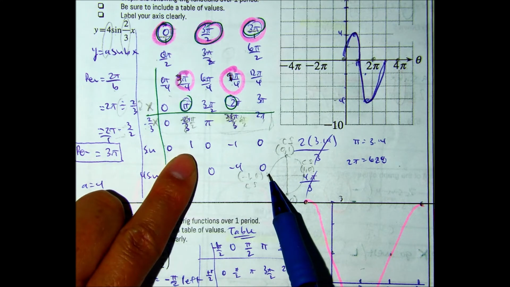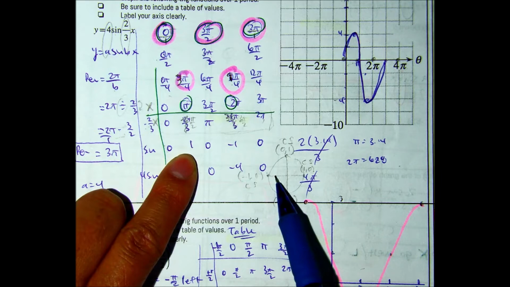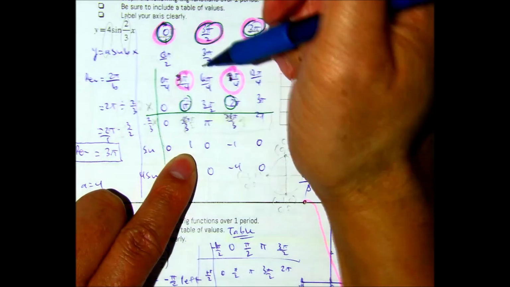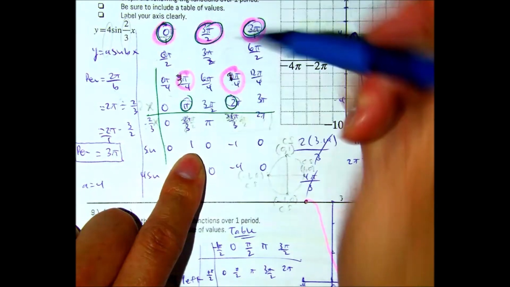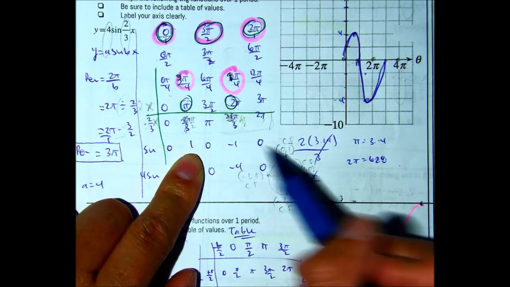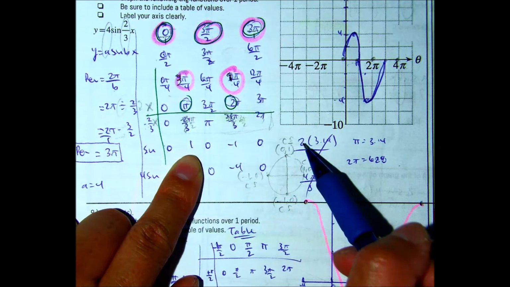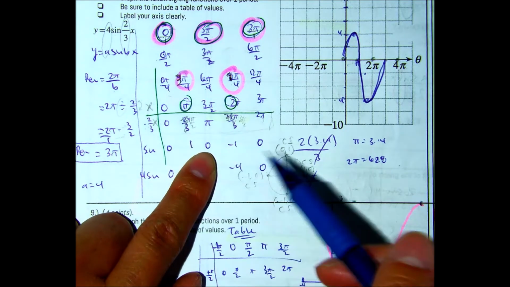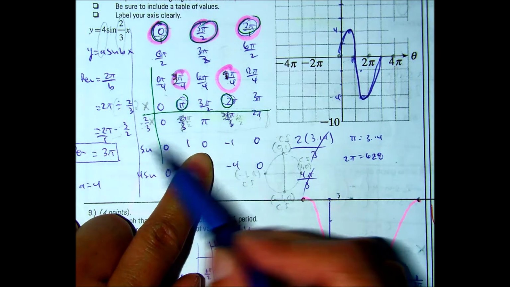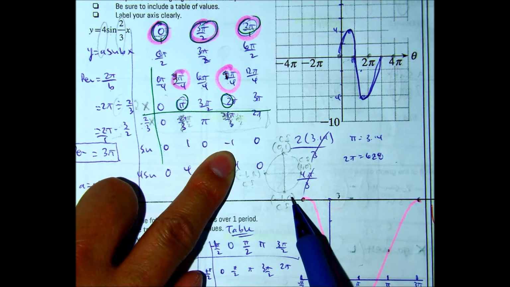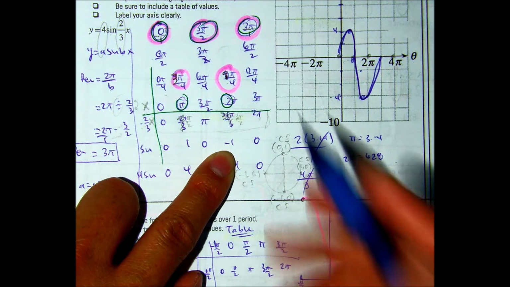Sine at pi over 2 is 1. Sine at pi is 0. Sine at 3 pi over 2 should be (0, -1), so -1.